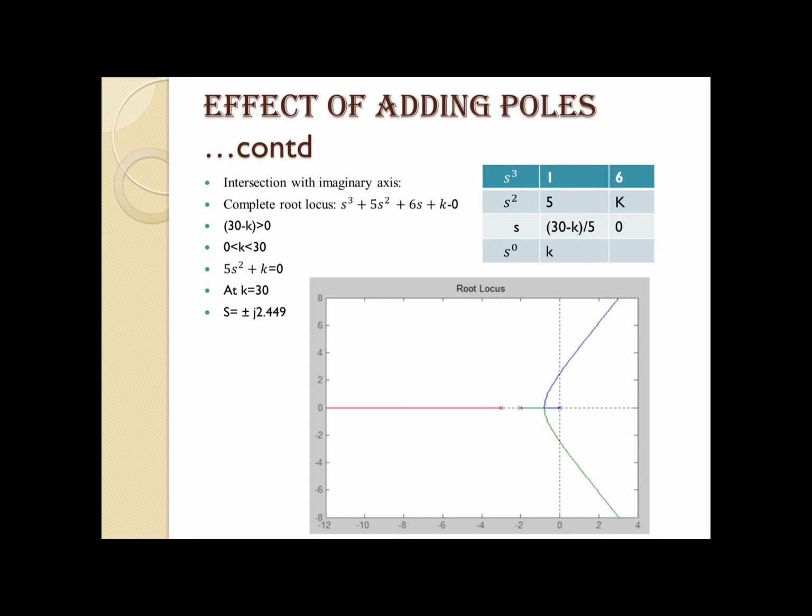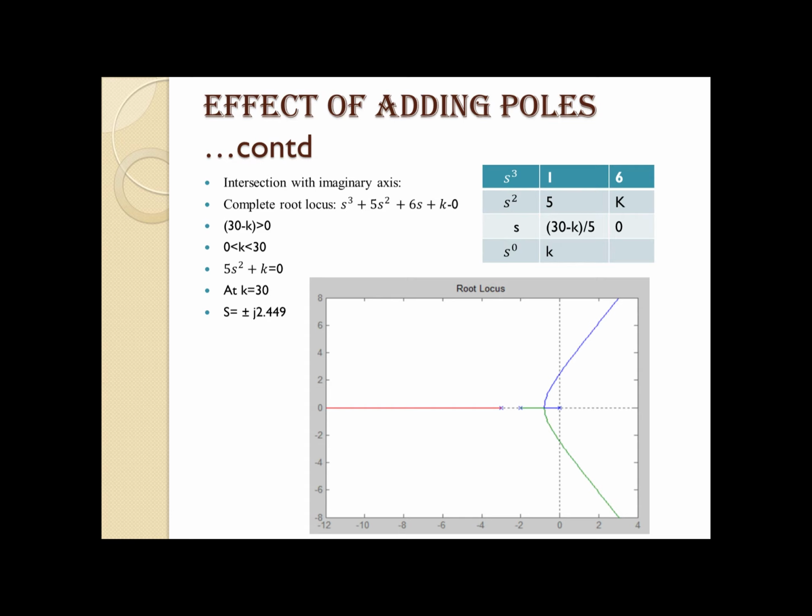That means after adding the pole, the graph has been shifted to the right-hand side. This indicates the system is less stable than the previous one.